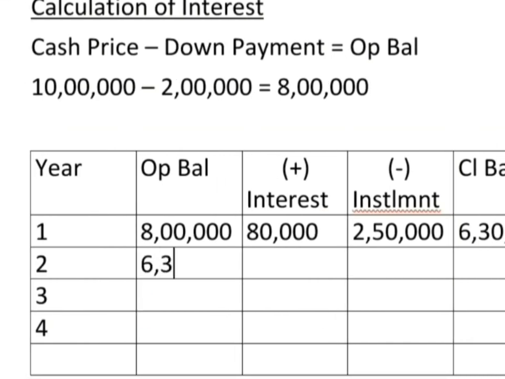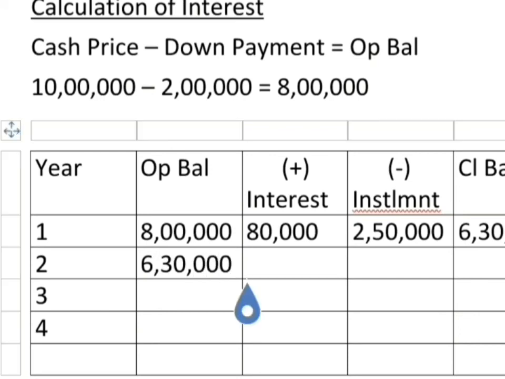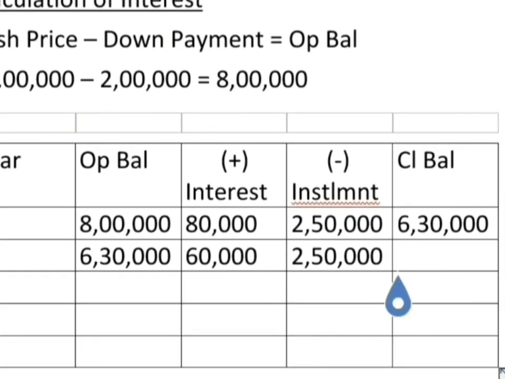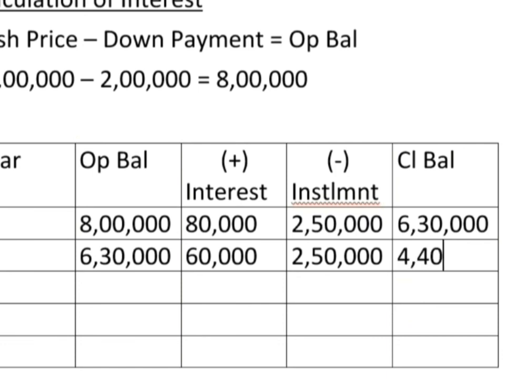For the second year, this 6,30,000 will become opening balance. In that, interest of the second year we have calculated is 60,000. Installment is the same, and therefore closing balance will be rupees 4,40,000.